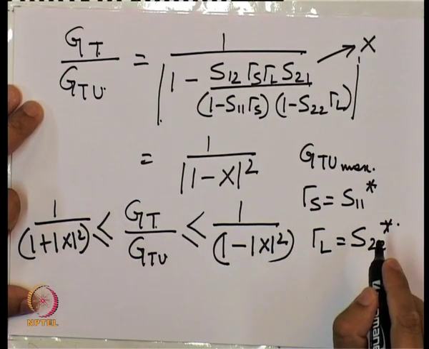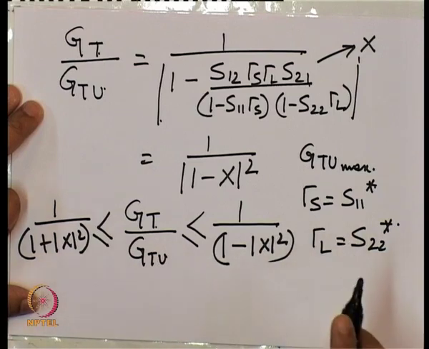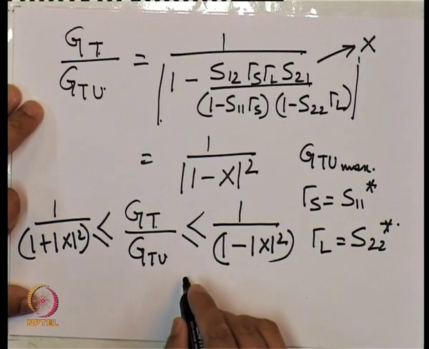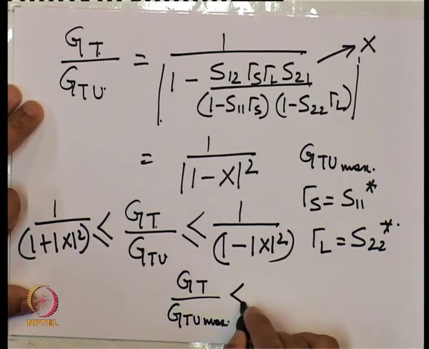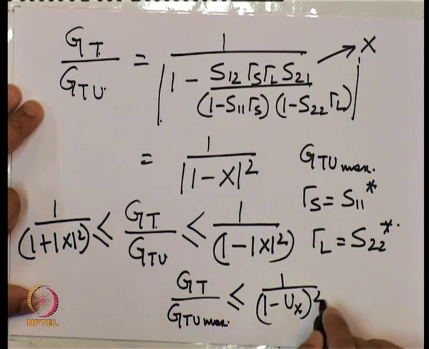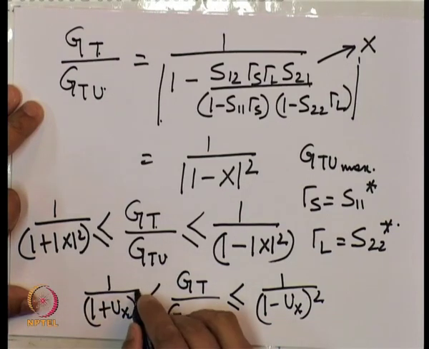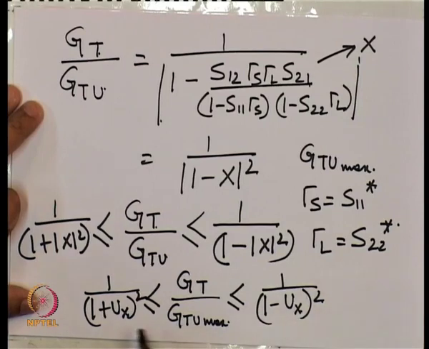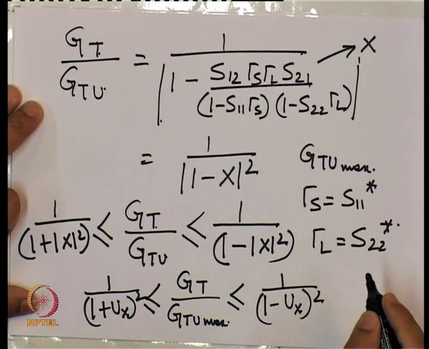Now, for that particular case, if this is the value of gamma s and gamma L we take, then this GT upon GTU max will be given by this. So this will be the range of GT upon GTU max if this is the condition, that is the maximum gain case if we take.